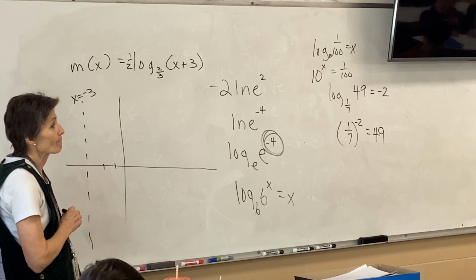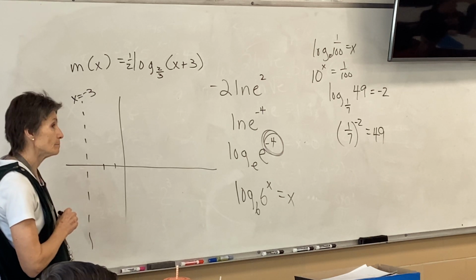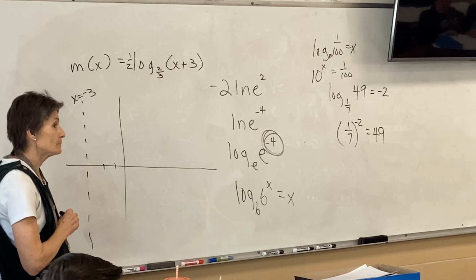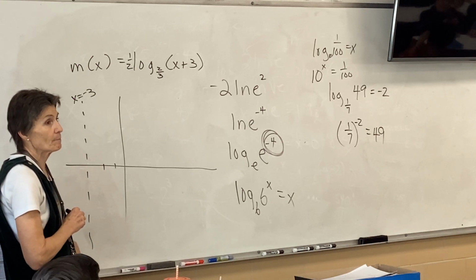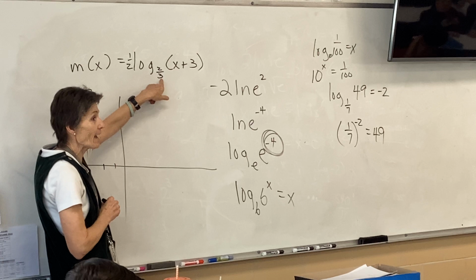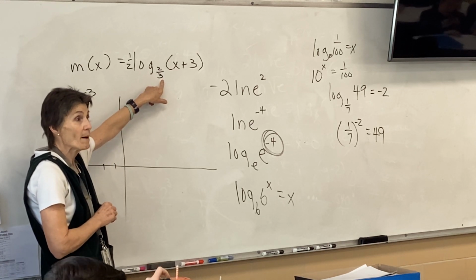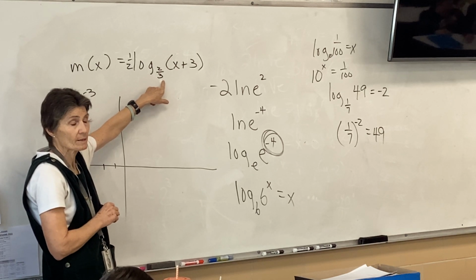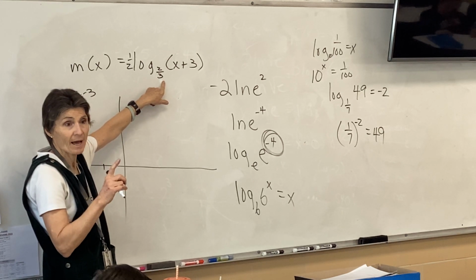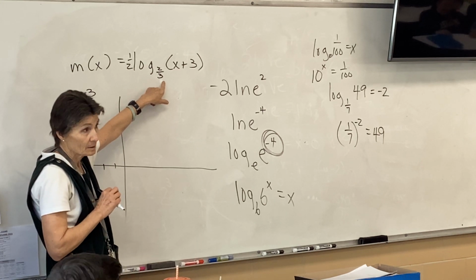It's decreasing because the base is 2/3, which is less than 1. Remember that having a base less than 1 on your logarithm has the same impact as multiplying it by a negative.